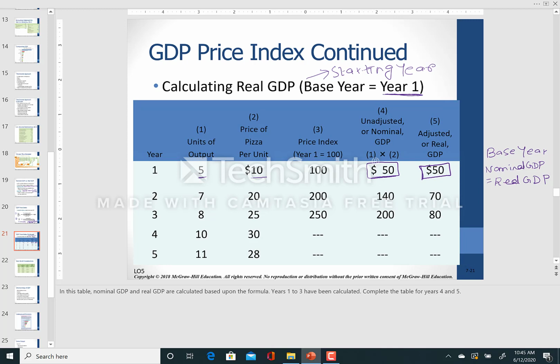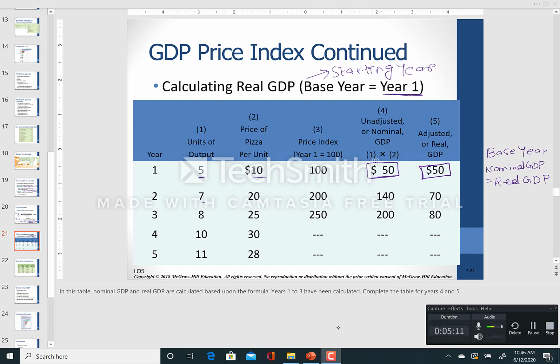Now take a look at year 2 here. Quantity is 7. The price is equal to 20. Now to find out the nominal gross domestic product, I got this 140 by multiplying the price first.